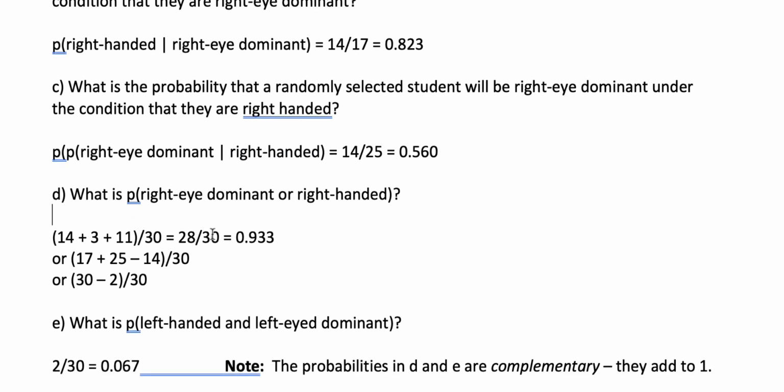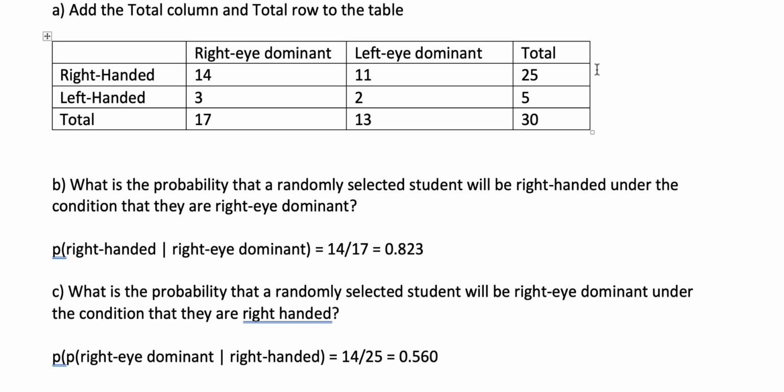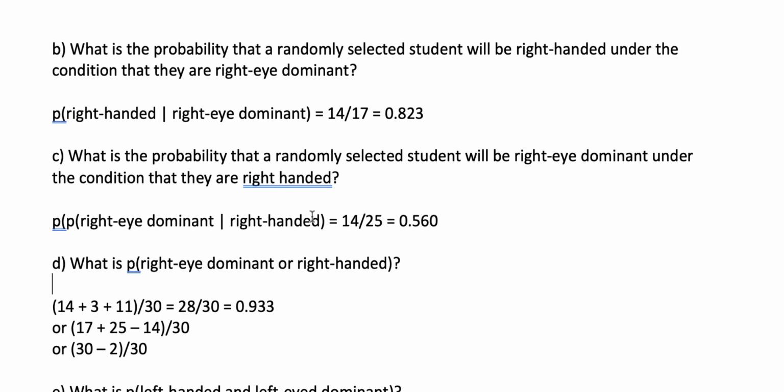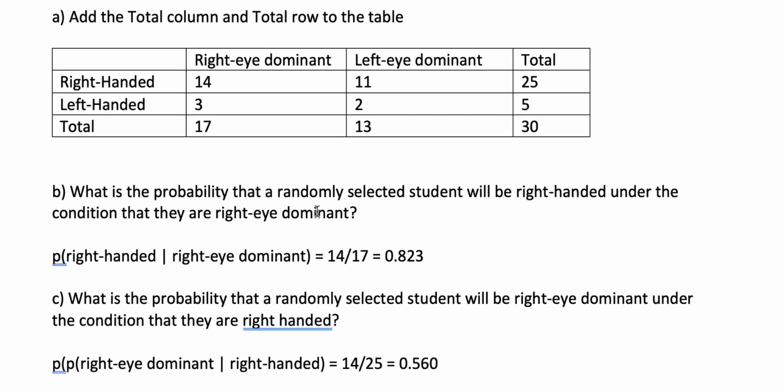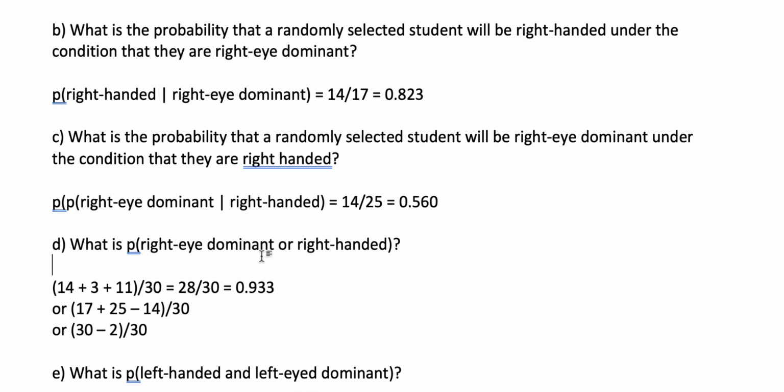Okay, now what is the probability that a student is right eye dominant or right-handed? Well, now we're talking about picking a student out of the entire group of 30. We look at right eye dominant or right-handed, and it's all the people in this column here and all the people in this row here.